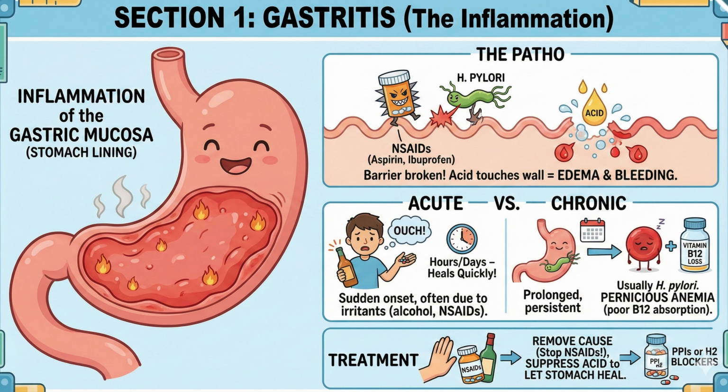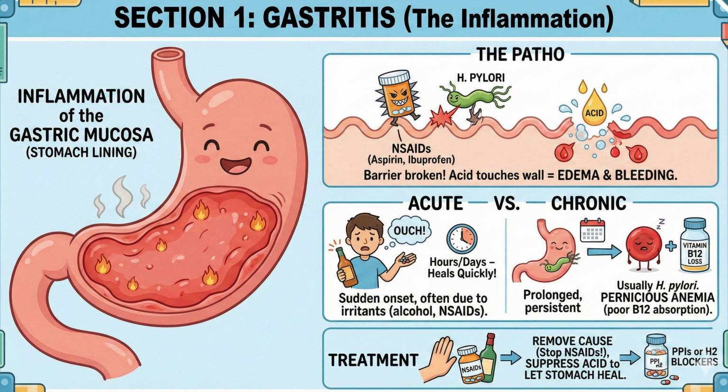So the pathophysiology: normally your stomach has a protective mucosal barrier. Gastritis happens when that barrier is broken. The top two enemies of this barrier are NSAIDs like aspirin and ibuprofen, and Helicobacter pylori.